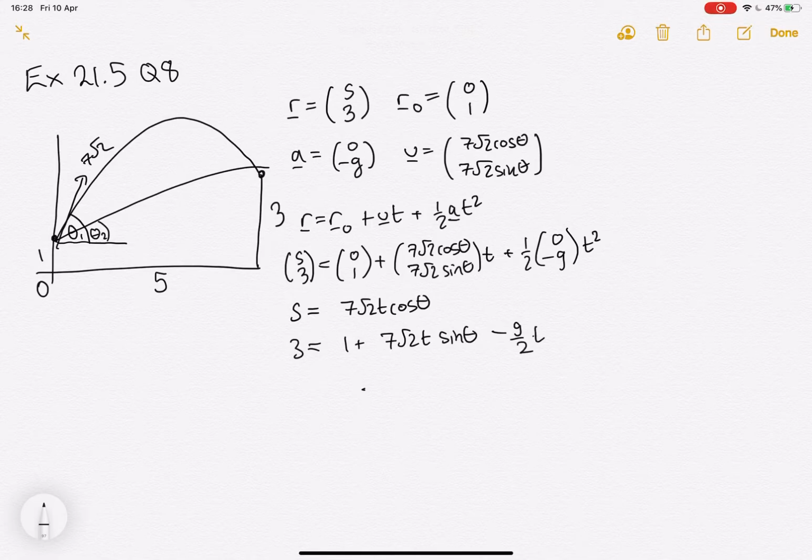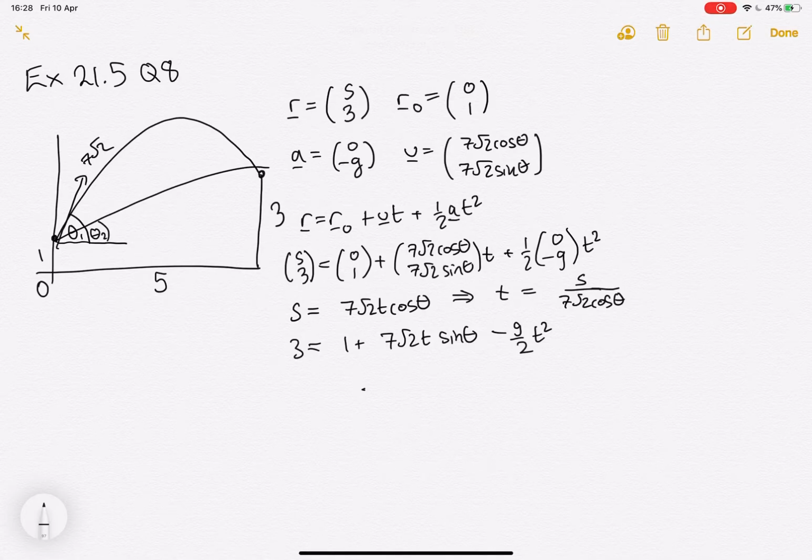Well, we want to eliminate t, so if we take the first one and rearrange it for t, we get t equals 5 over 7 root 2 cos theta. And now we can substitute this into the second one.